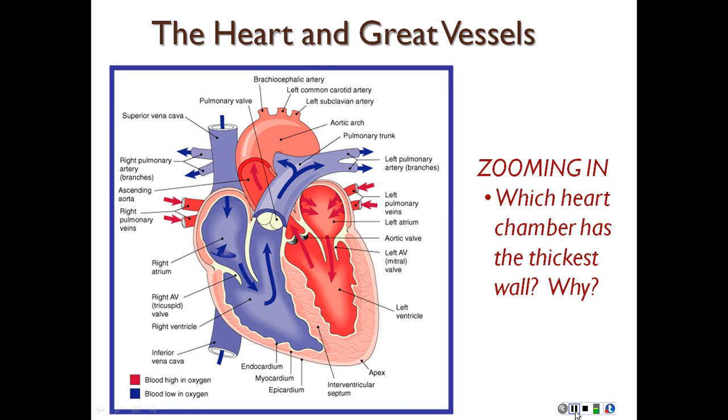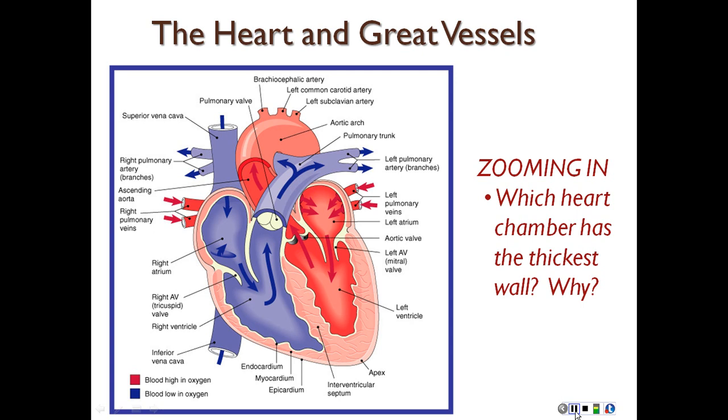Notice in the picture, the myocardium is thicker on what side? The left side of the heart, the left ventricle, has a much thicker wall than the wall of the right ventricle. Why? Think of its function.